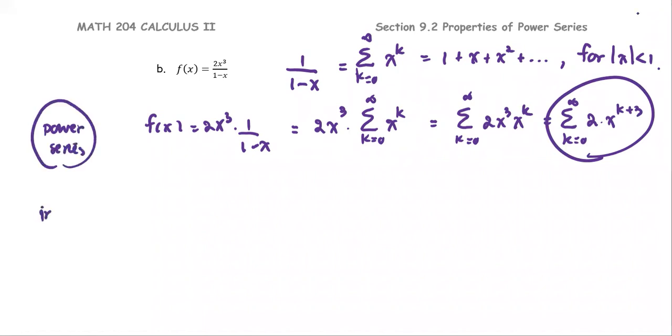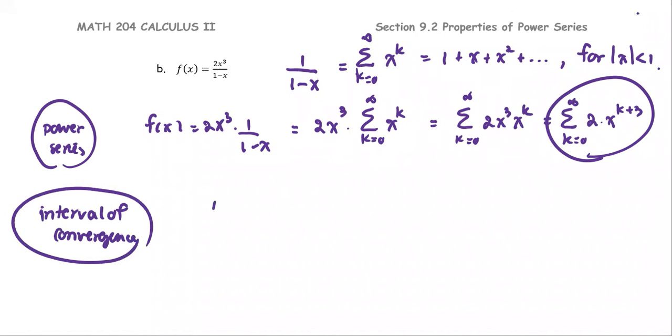Next, we're going to find the interval of convergence by finding the radius of convergence. To find the radius of convergence, we're going to use the condition of the ratio test.